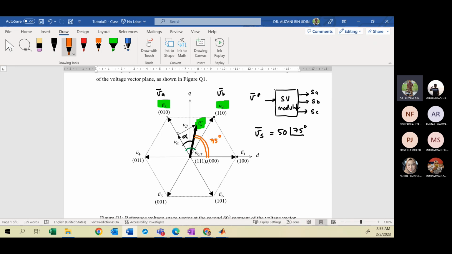But the alpha definition, because your alpha term you need to use for calculation of the on times, so you need to calculate first alpha, where the alpha is defined as the different angle between the space vector Vs and Va. Remember, Va is the first adjacent vector to be selected. Va is V3. So how to calculate alpha?